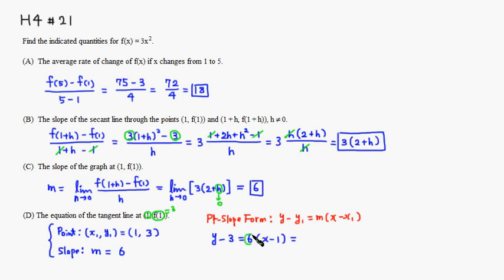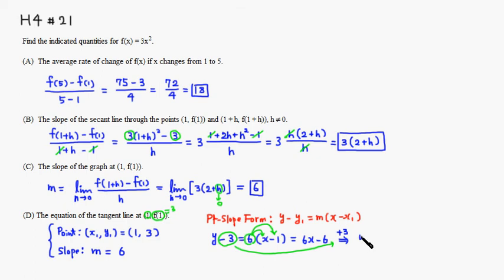I'm going to distribute the 6 to x. You will get 6x. Then you distribute 6 to negative 1. You get negative 6. Then we need to move negative 3 on the left to the other side. We can do that by simply adding 3 to both sides.